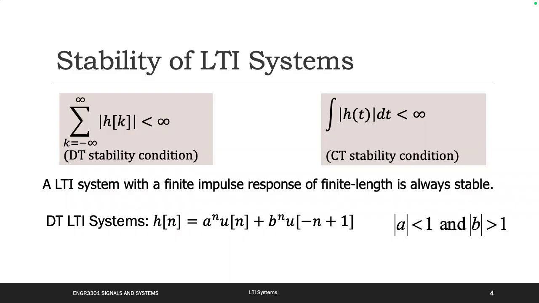When n is greater than or equal to 0 it is 1, otherwise it is 0. So for this part, n must be greater than or equal to 0, otherwise it will be 0, and we don't need to put it here.